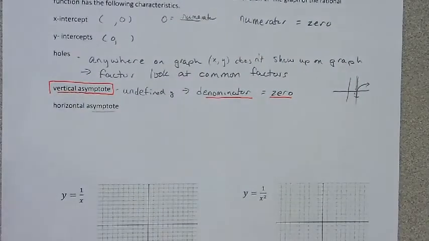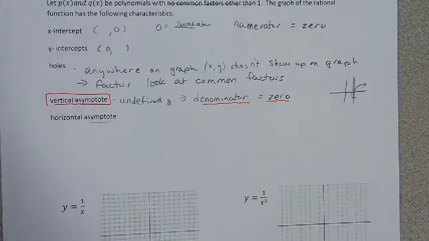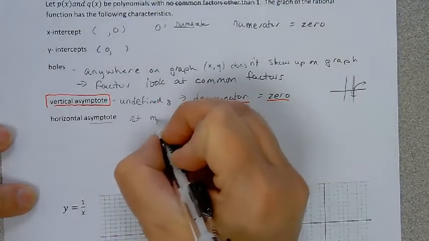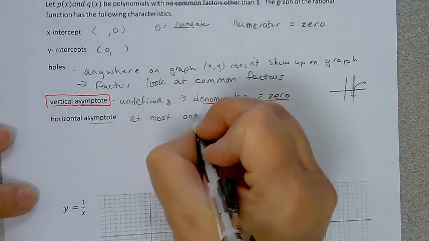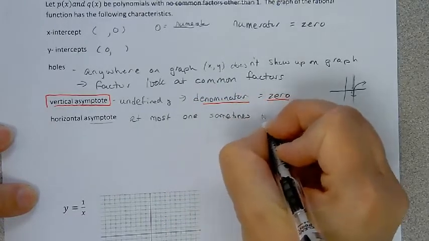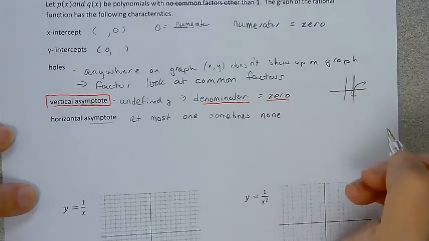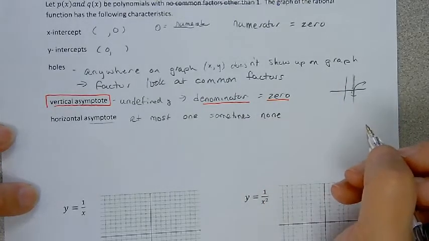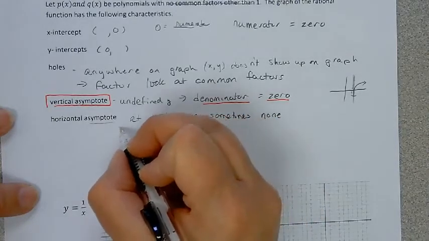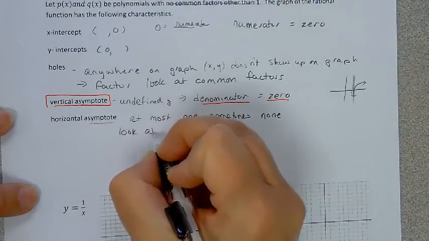Horizontal asymptote is a little different. So for a horizontal asymptote, we're going to have at most 1 and sometimes none. And the way that you find the horizontal asymptote is by looking at the degree of the polynomials.